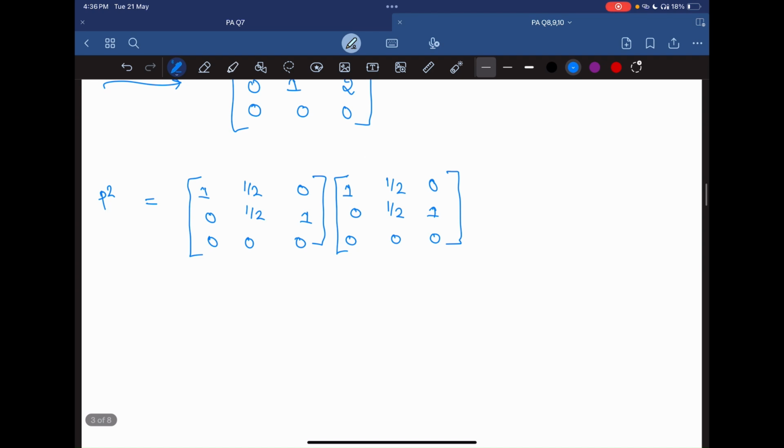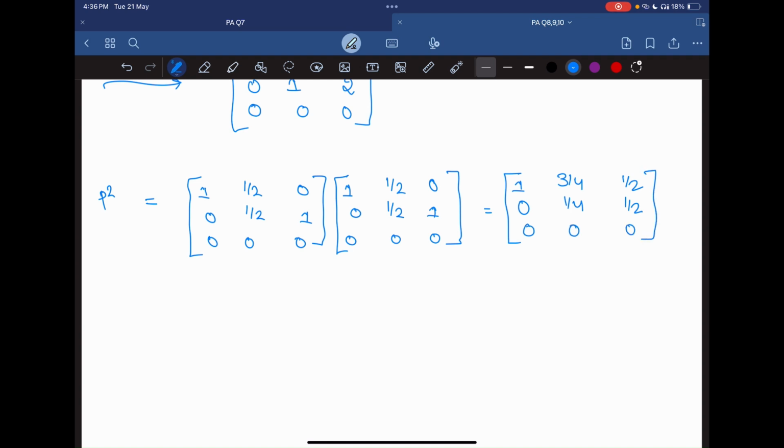So multiplication of these two matrices will give us P square as 1, 3 by 4, 1 by 2, 0, 1 by 4, 1 by 2, and 0, 0, 0.